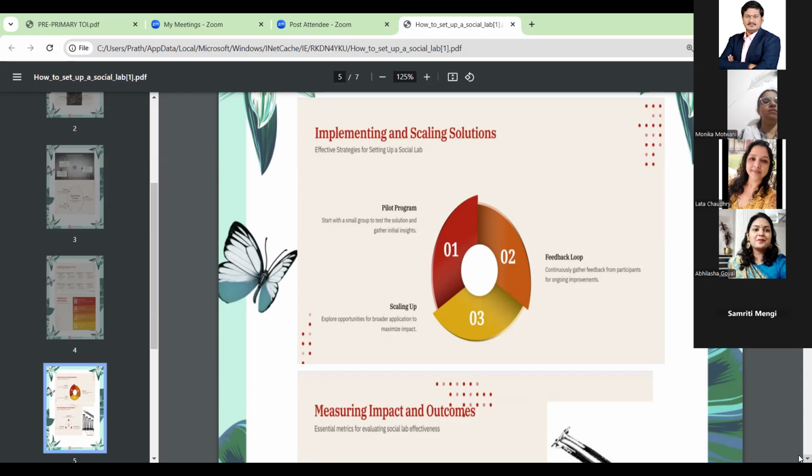The next is the feedback loop. What do you mean by feedback loop? Continuously gather feedback from participants and offer ongoing improvements. A feedback loop is a process where the outputs of a system are used as inputs. Whatever research or strategy we have done, we implement it again.